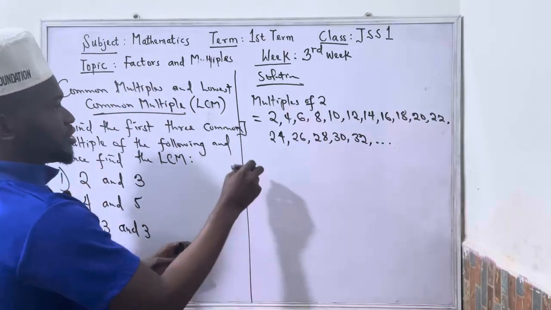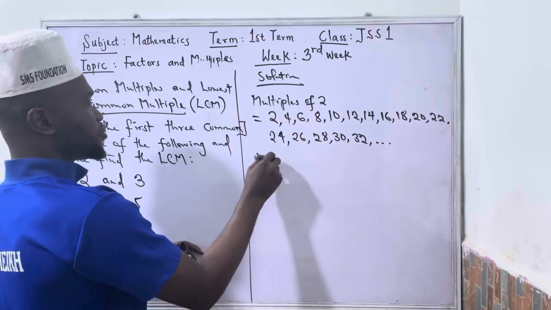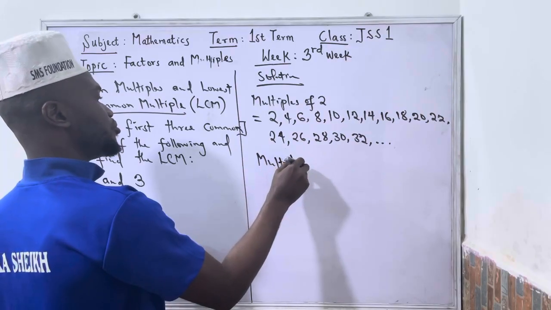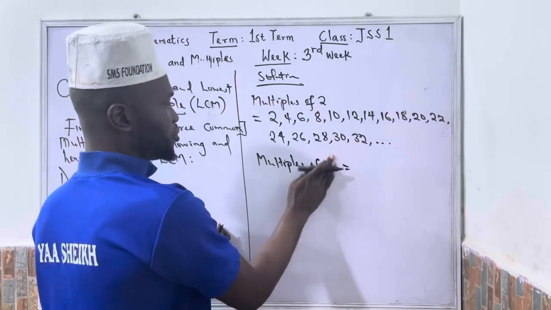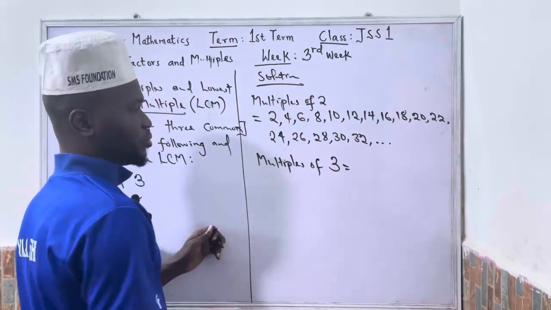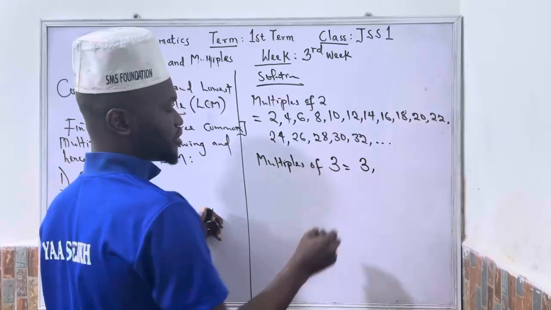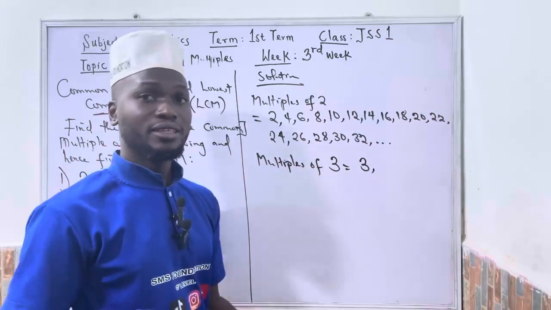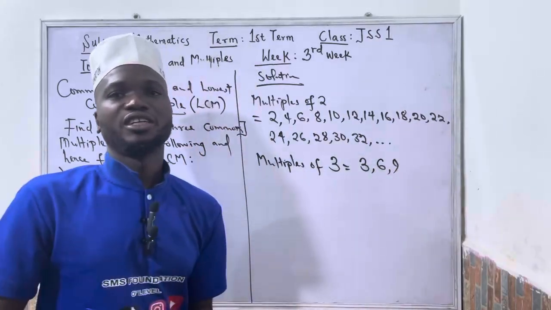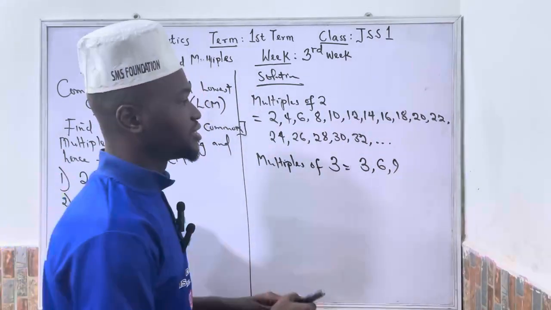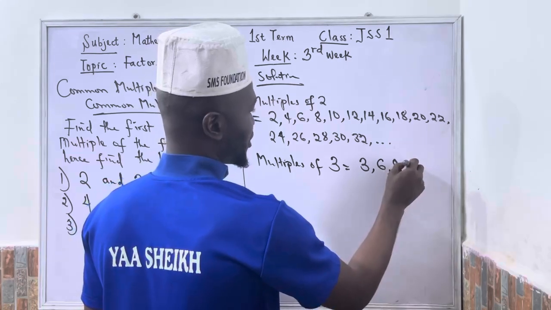Good. What about 3? So we write multiples of 3 as well. So these are the multiples of 3. So multiples of 3 include 3 itself. That's 3 times 1, 3. 3 times 2 will give me 6. 3 times 3, 9. So even if you can't remember the 3 times table, keep adding 3. So plus another 3, you have 12.